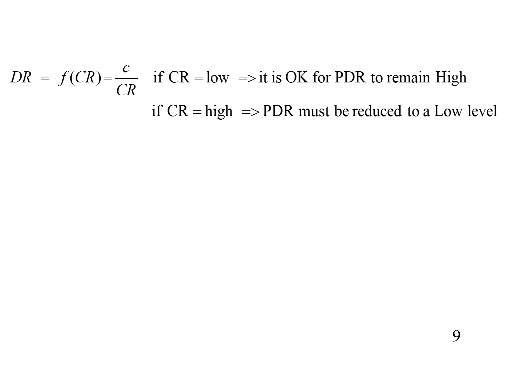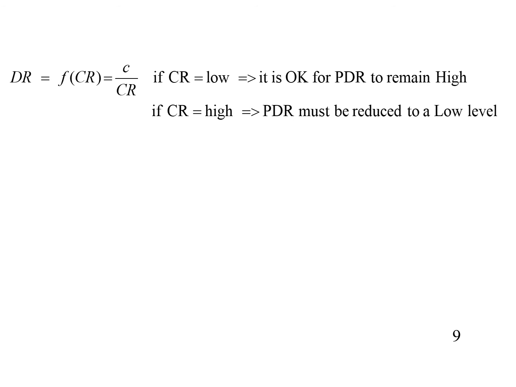If control risk is low, it's okay for plan detection risk to remain high. If control risk is high, plan detection risk must be reduced to a low level. Notice the okay and the must. If control risk is low, it's okay for plan detection risk to remain high.